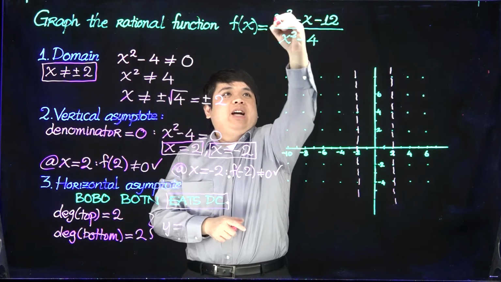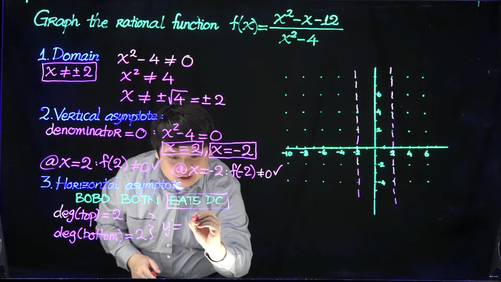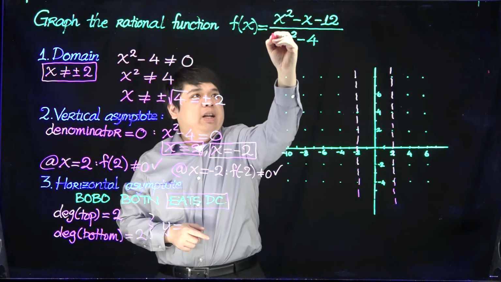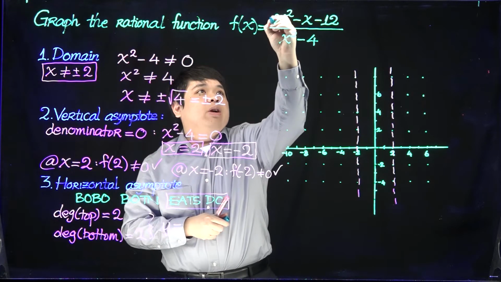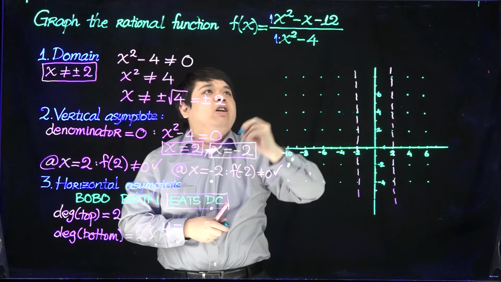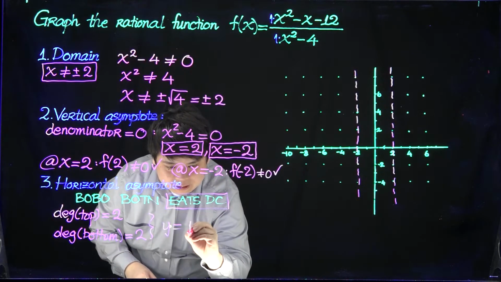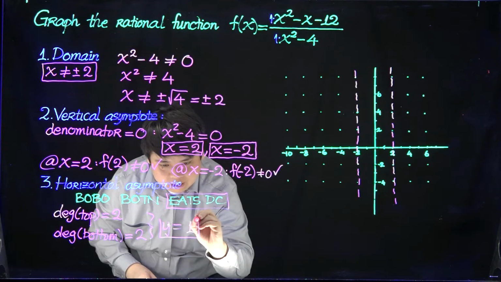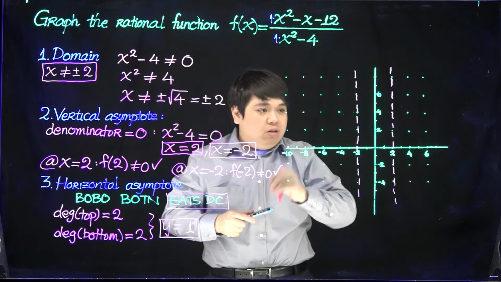We take x squared divided by x squared, pretty much. The coefficients here are 1 and 1. We can write 1 over 1, which is equal to 1. And that is the horizontal asymptote I'm going to put on the graph.